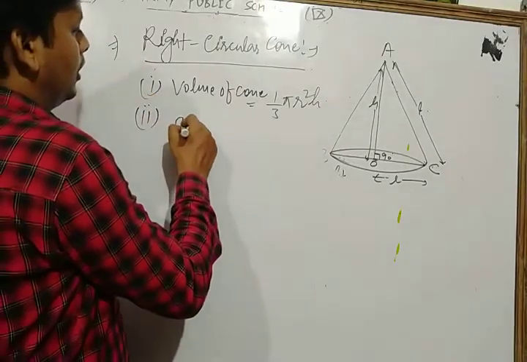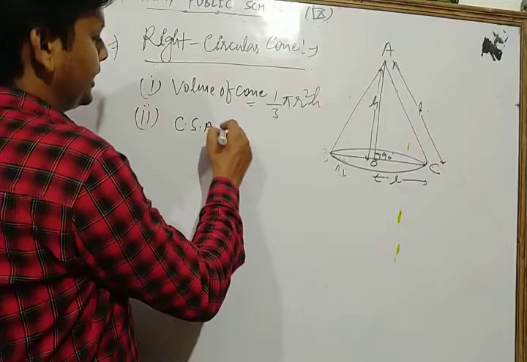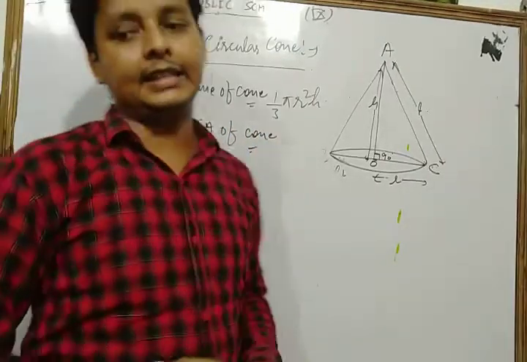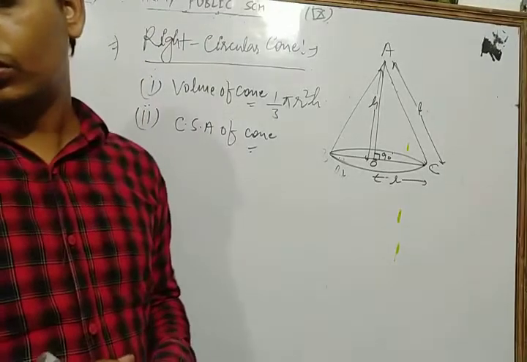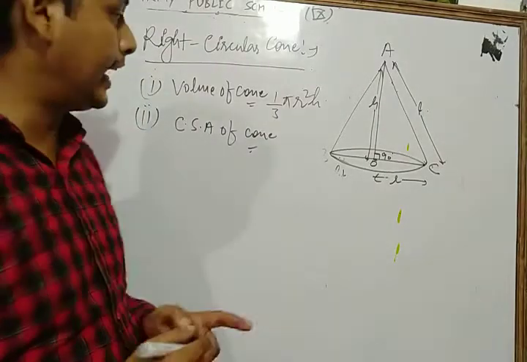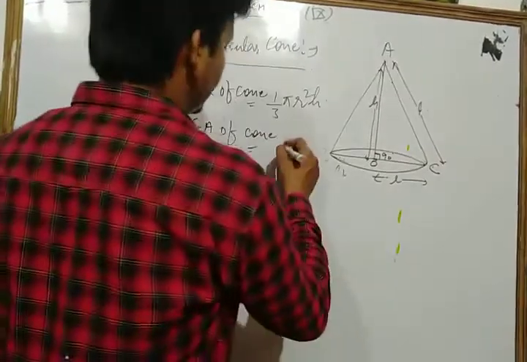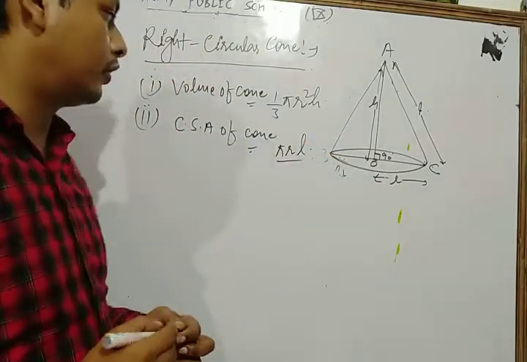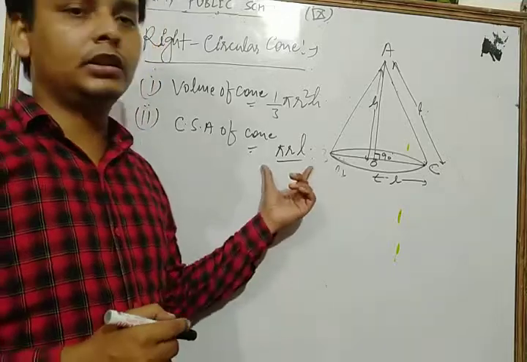Second one, curved surface area of the cone, CSA. The curved surface area of the cone is pi into r into L. This is the formula for the curved surface area of the cone.